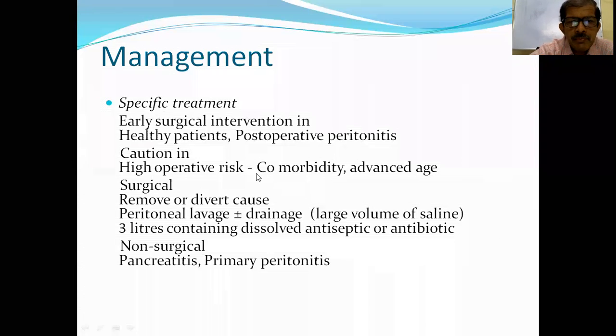Though I said immediate surgery for most of the things, sometimes you may have to exercise caution. Don't do any surgery, don't interfere, don't open a case of acute pancreatitis. Similarly, if you know that it is primary peritonitis, particularly in cirrhotic patients, then you should not open the abdomen. So exercise some restraint, though in general it is early surgical intervention.